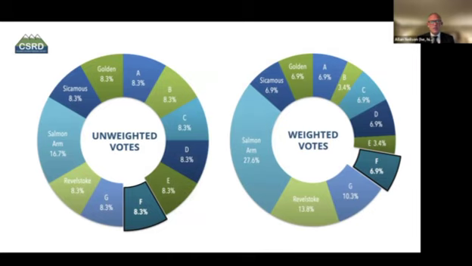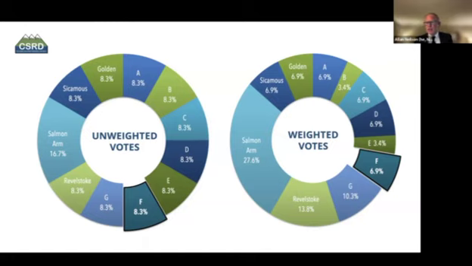So we see that for Sicamous, Golden, Areas A, B, C, D, E, F, G, and Revelstoke, we have the same weight, the same contribution to those votes. Salmon Arm gets double the contribution of any other individual jurisdiction because of the size of the jurisdiction, but nobody in that situation has the opportunity to call the day, as it were, to decide the matter.